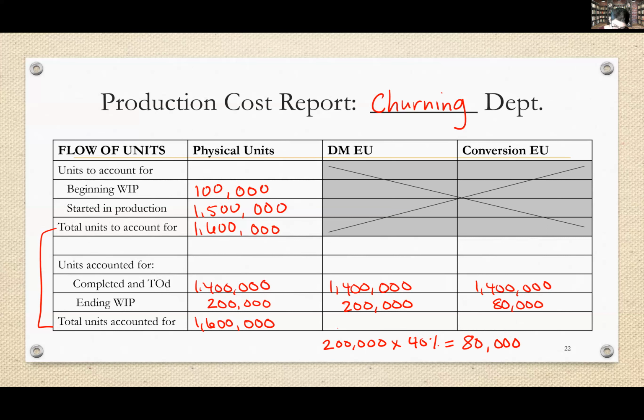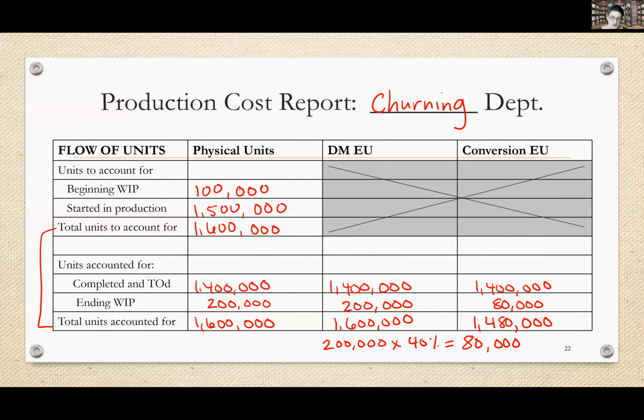If I add these together, my direct materials equivalent unit is 1,600,000, 100% complete. And my total units accounted for here is going to be 1,480,000. This is steps 1 and 2, where we look at the total units to account for and work on our equivalent units. At this point, no money, just units.